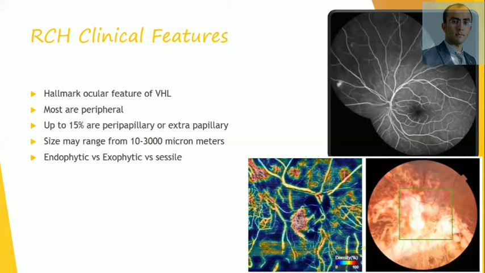While sessile lesions are relatively flat, gray or orange in color, and develop in the middle layers of the retina. These sessile lesions are very subtle in appearance and may be a diagnostic challenge for the clinician.